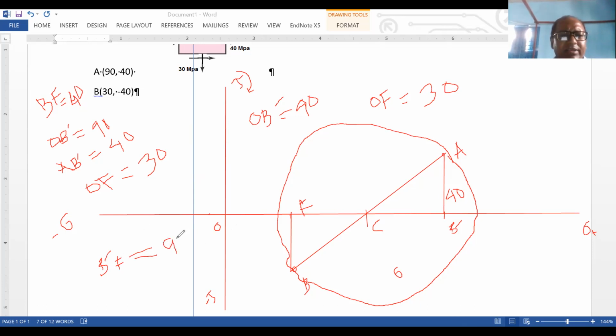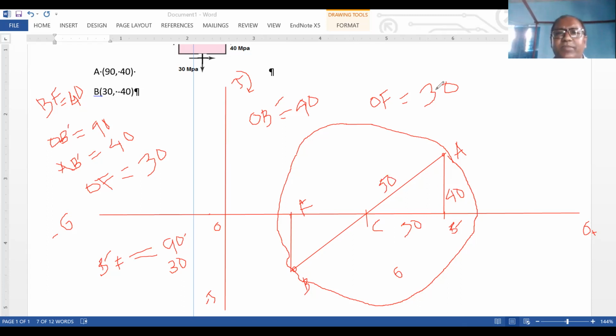This will be 90 minus 30. So BC will then be 60 by 2, which is 30. By applying the triangle formula, you get 40 squared plus 30 squared. So this will be 50. Now you got the radius.